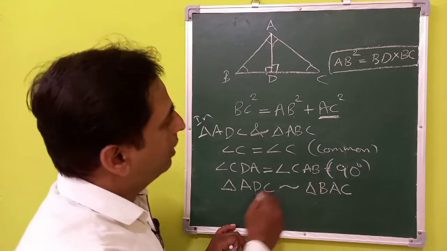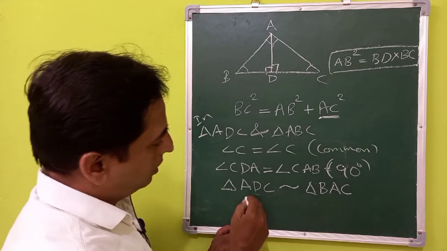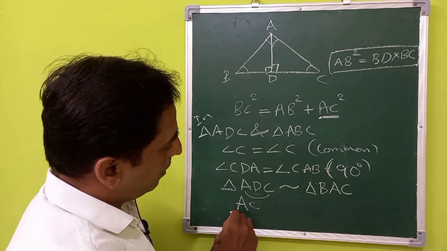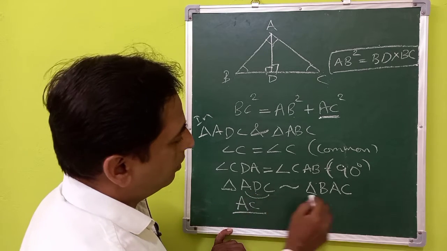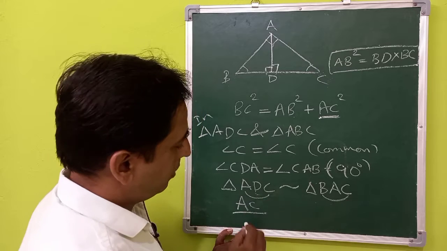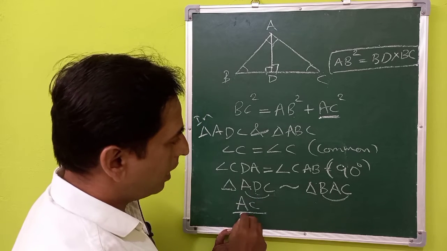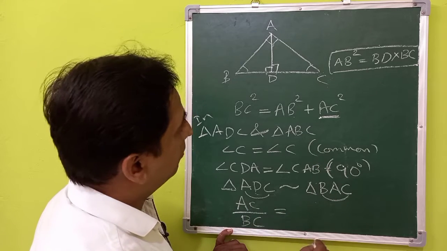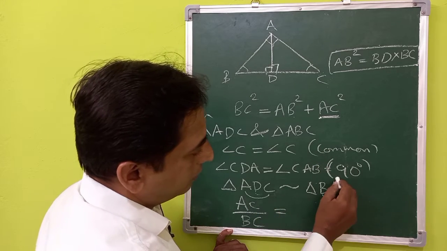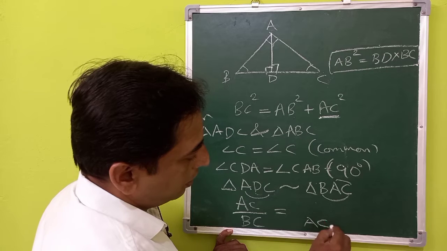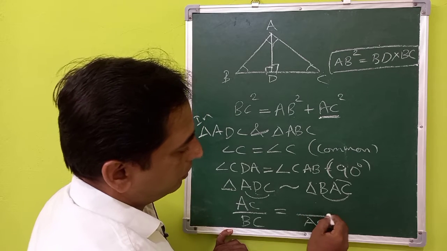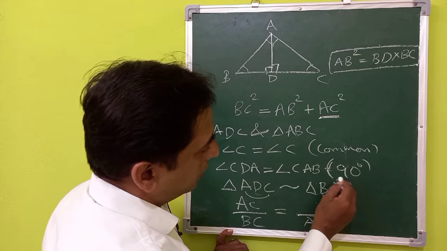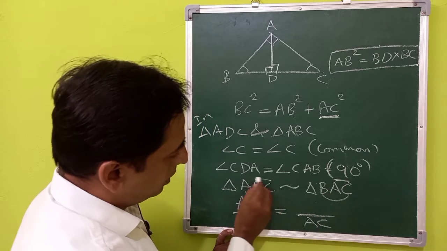Now again here what we need is AC twice, so let us put this AC here. AC, and its corresponding side on the other triangle will be BC, from the correct order. So AC by BC would be equal to, now we need AC twice, that means we take AC from this as the denominator, and if we have considered AC from this, we will consider DC from this.